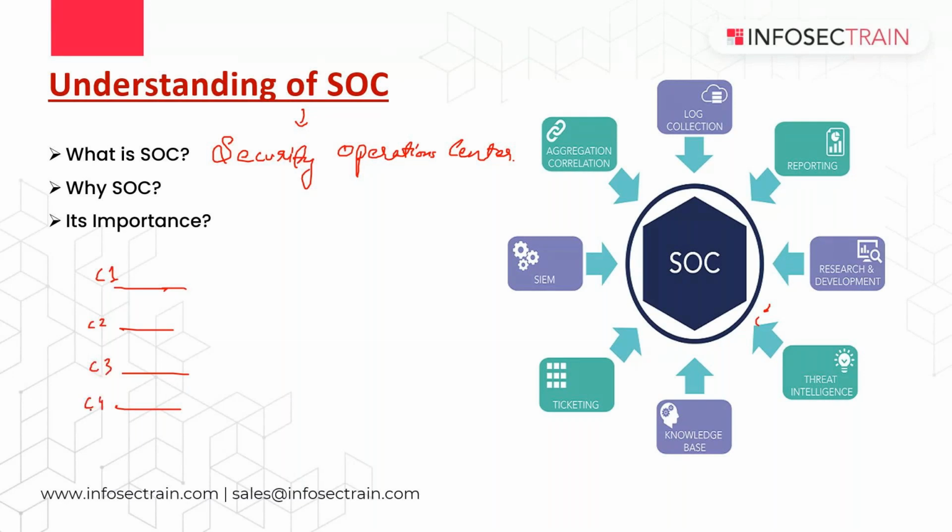Maybe more can be there from different angles, 5, 6, 7, 8. Now suppose on each floor there are individual rooms for every camera footage. There's one room in which we have one system, and in that system one person is monitoring that footage. Another system, another person is monitoring it. Same way for all of them.